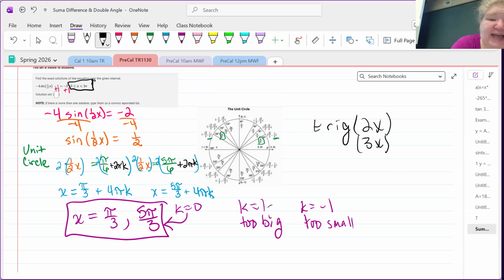So since this one was a half x, that's why the k values ended up not mattering, because we were giving answers that were more spaced out instead of more clustered together. So when we do the 2x and we divide by 2, it turns the 2 pi k into pi k. Then we're adding less, so we get more numbers.